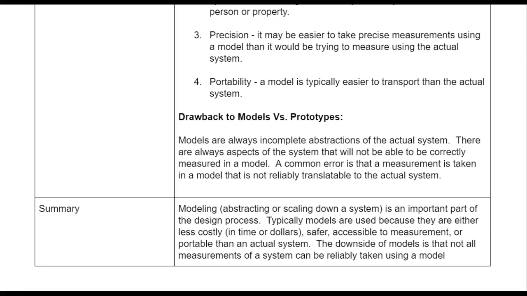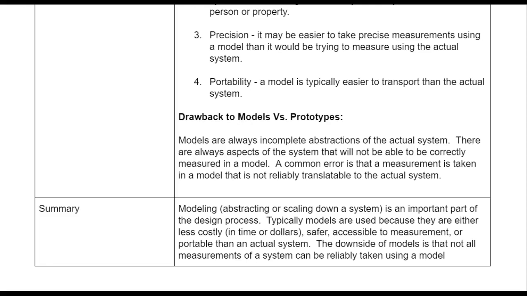A common error is assuming that a measurement can be transferred from the model to the system when it cannot. Just because you can build the model of the bridge and have it stand doesn't mean that the actual bridge itself will stand. Modeling, then, is ultimately an abstracting or scaling down of a system.